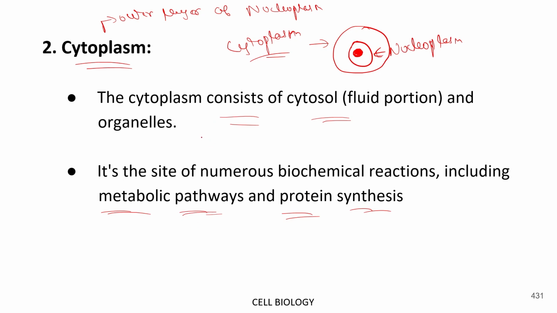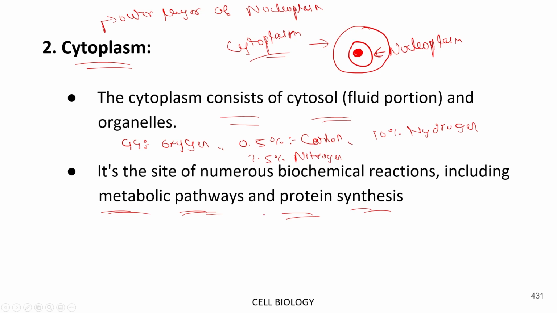Okay, and remember one thing, the composition of cytoplasm. Basically, it's 99% oxygen, 0.5% carbon, 10% hydrogen, and 2.5% nitrogen.